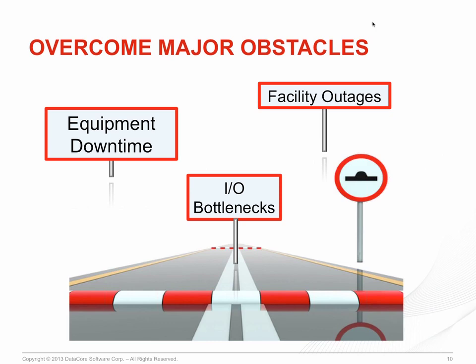These days, hardware is fairly stable, but if you do have a power problem or an air conditioning problem, you may have unplanned downtime. And of course, if you talk about tier one applications, you need to think about IO bottlenecks, equipment downtime, and also facility outages.